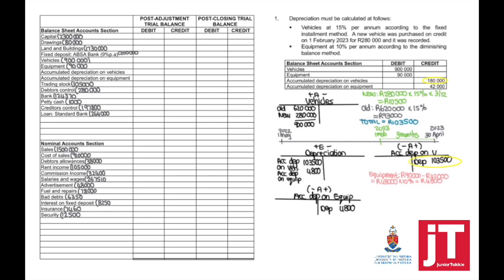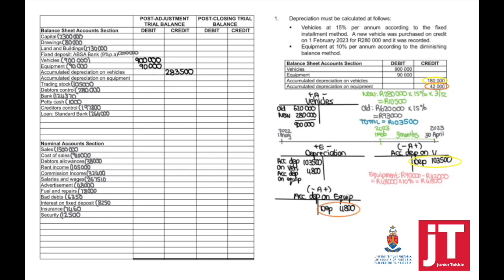So my vehicles is going to stay 900,000. What is the difference? Is my depreciation that was calculated. This means that depreciation will be added to the accumulated depreciation account. So we need to take 180,000 plus 103,500 equals.